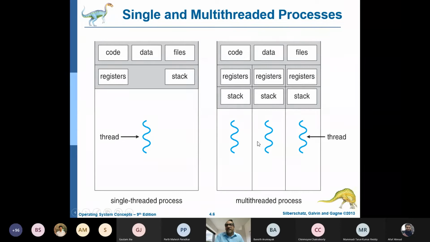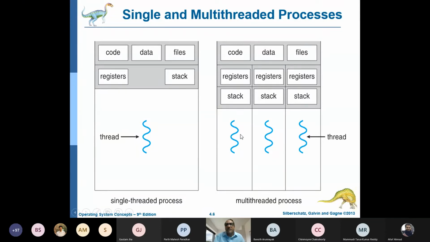All these three threads share the common code segment, data, and files. Since there are three separate execution sequences, you need a specific environment to run each of them. For running a particular thread, you need its own stack and its own set of registers.